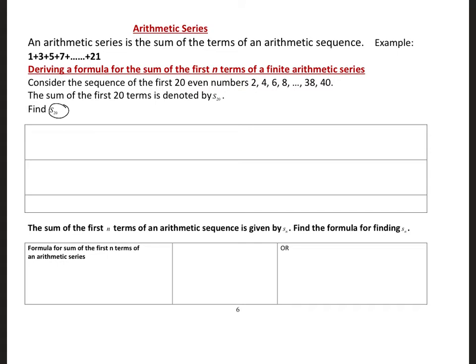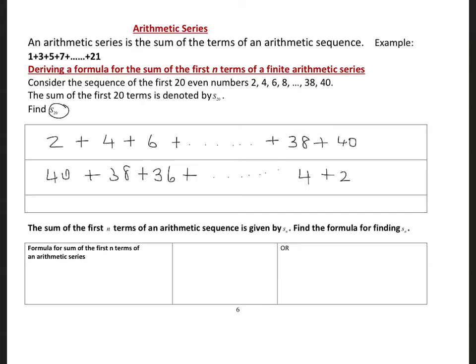And then using that idea, I'll come up with a general formula for getting the sum of n terms. So I'll take 2 and I'll add 4, add 6, add all the way to 38 and up to 40. And then I'll start from the other side, 40 plus 38 plus 36, and I'll keep adding all the way to 4 plus 2.